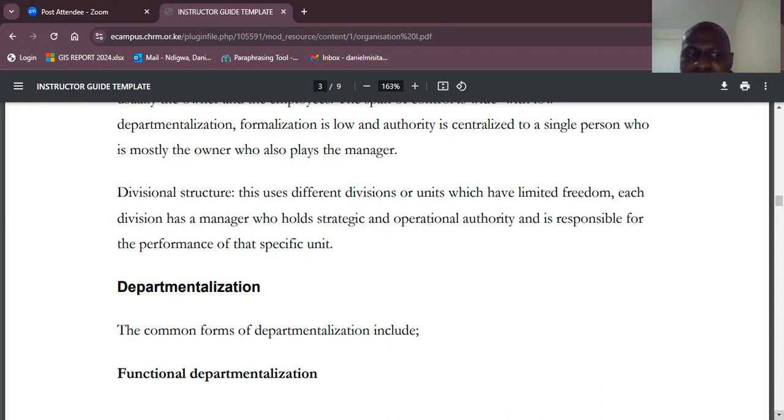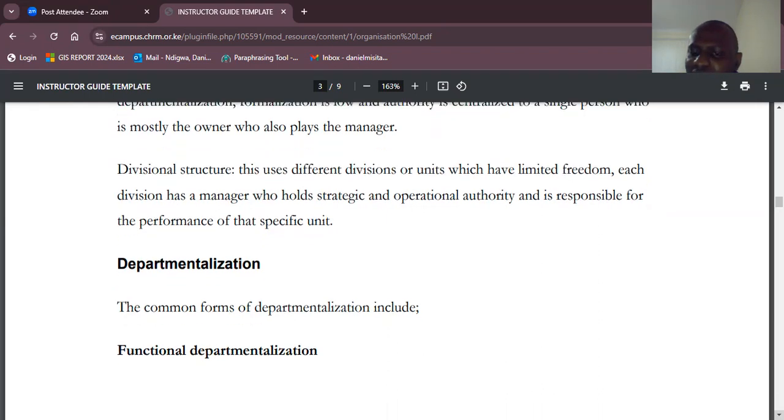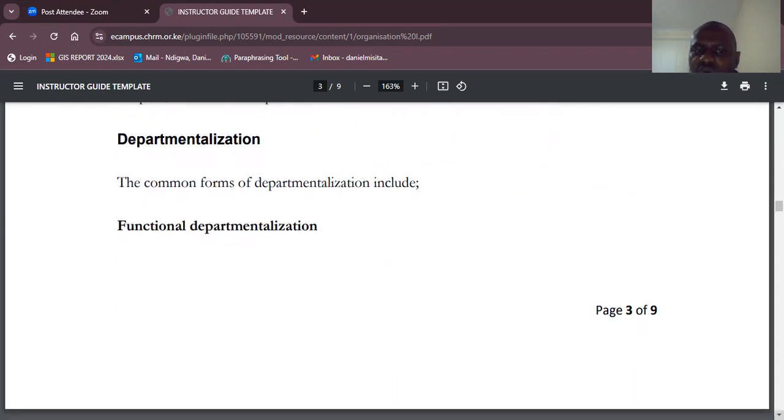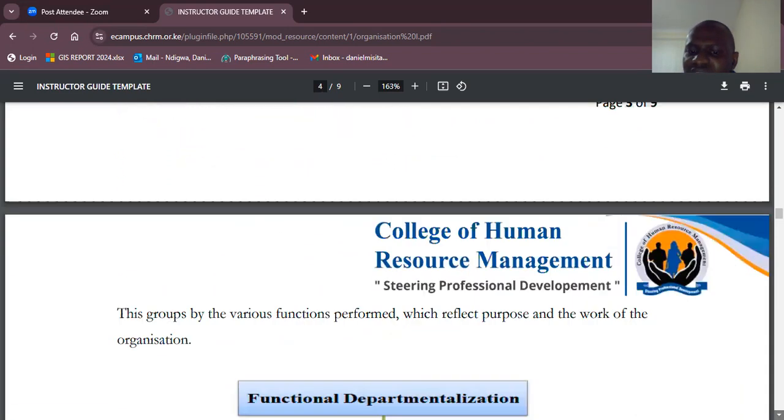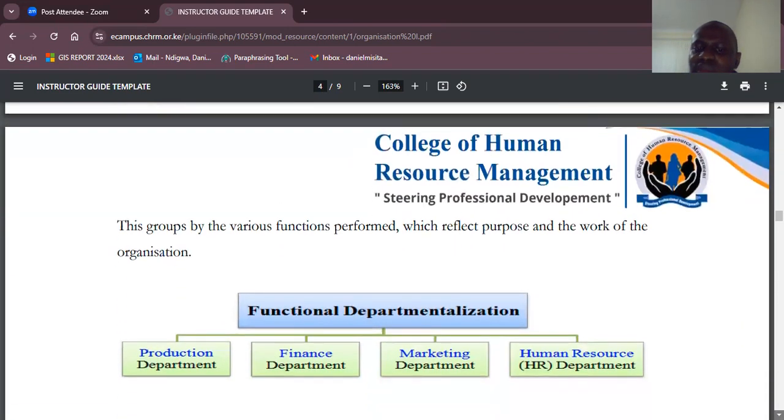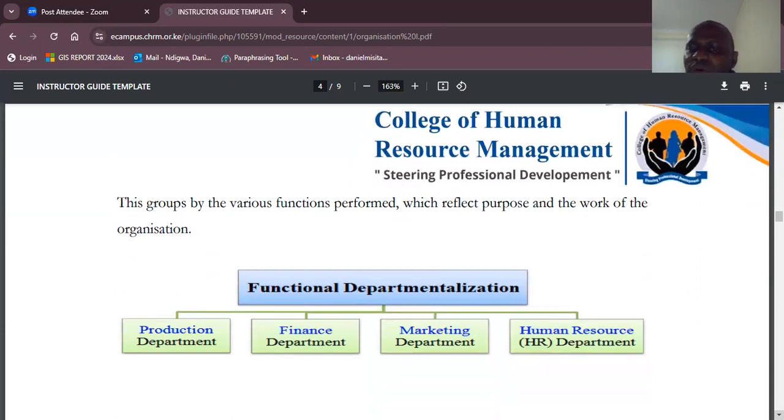The other thing you need to understand is the departmentalization. So we have different types of departmentalization. The first one is called functional departmentalization. As the name suggests, in functional departmentalization, tasks are normally divided according to the purpose and the work that they do.